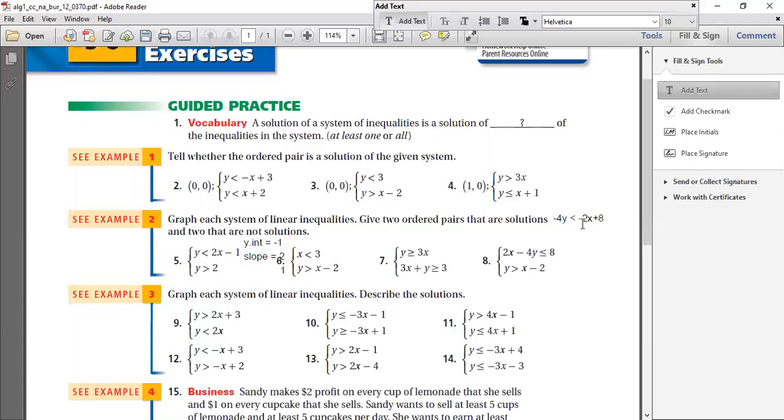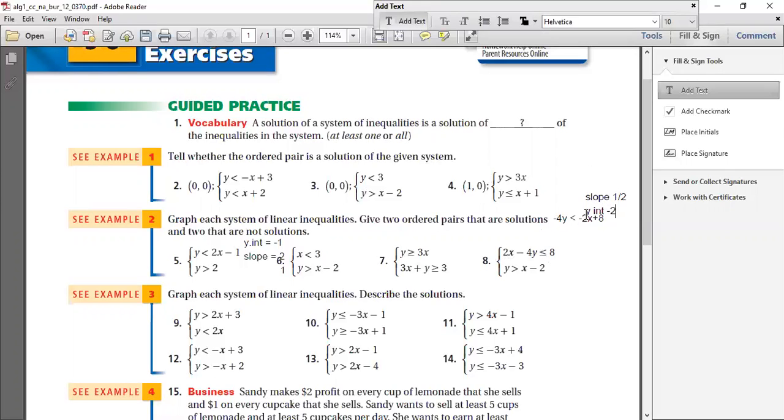So -2 divided by -4 will give you how much? 1/2. -2 over -4 will give you +1/2, which means for this question, your slope is going to be 1/2. And then the y-intercept will be 8 divided by -4, which is just -2. So you have to keep this in mind. The slope for the first inequality is 1/2, and the y-intercept is -2.